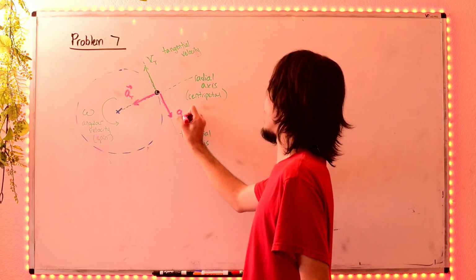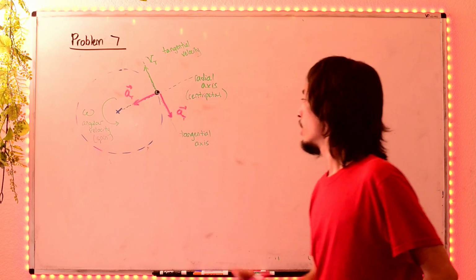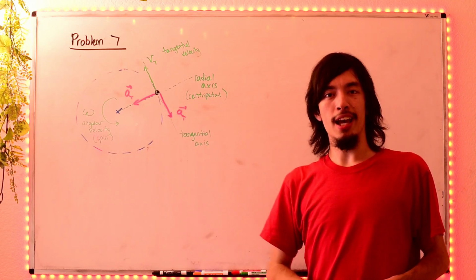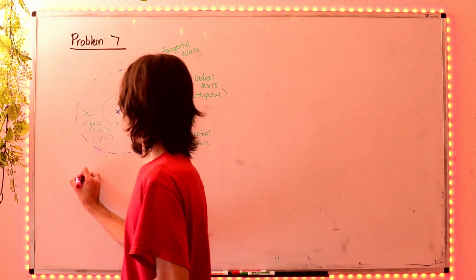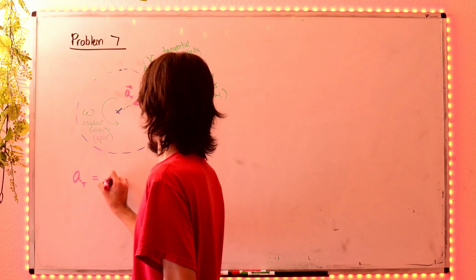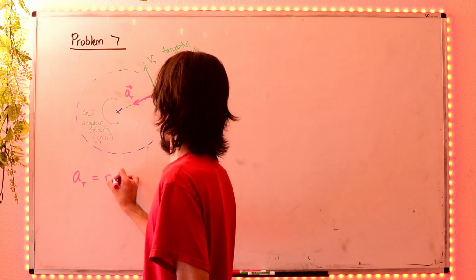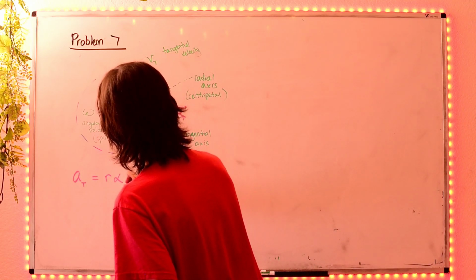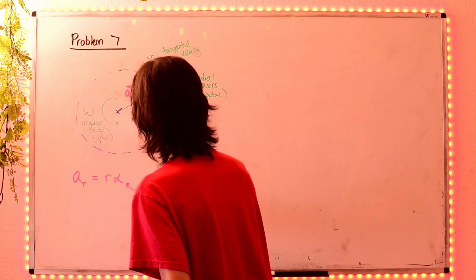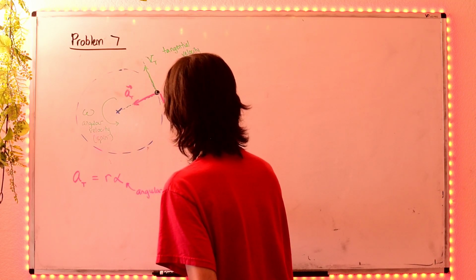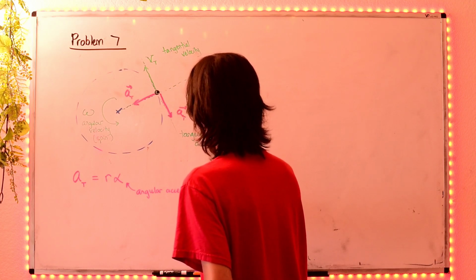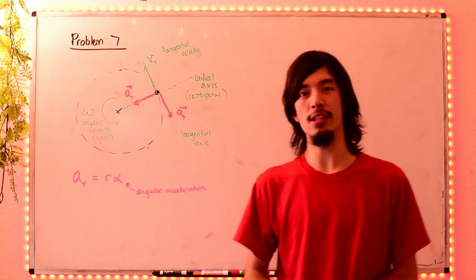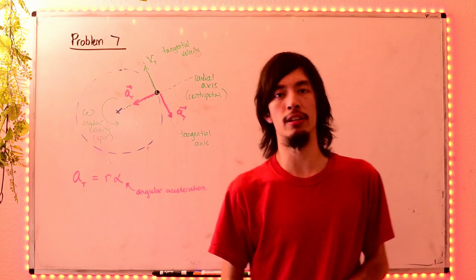So this would be AT. The equation for the tangential acceleration is very simple. AT equals R times alpha, the angular acceleration. Okay. So in order to get that tangential acceleration, you need to know what the angular acceleration is.